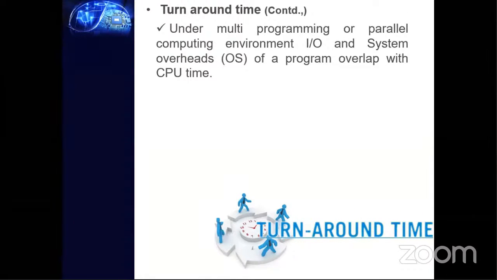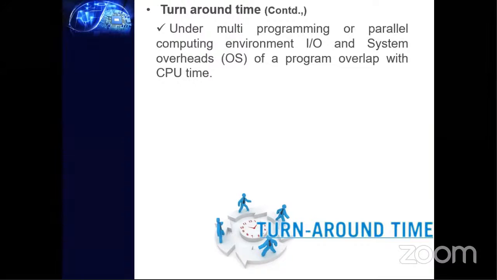Under the parallel programming or multi-programming environment, definitely there is a conflict between IO and system overheads. There are practical difficulties that occur within a parallel computer or a multi-programming computer. Both OS overhead and IO must try to access some resources at the same time. Even both IO and system overheads, that means OS overheads, try to overlap with the CPU time.